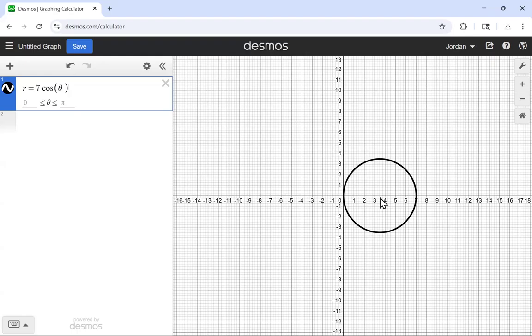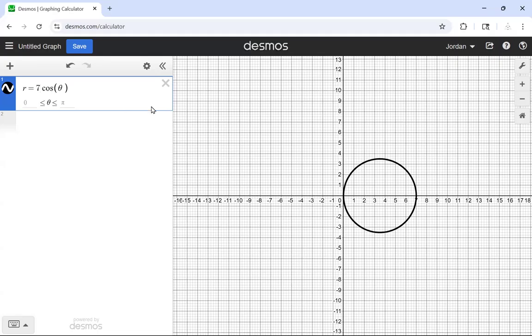But that means the diameter stretches from the origin or the pole to the rectangular point (7, 0), which interestingly enough is also the polar point (7, 0). 7 is the length, and then 0 is the angle degree.